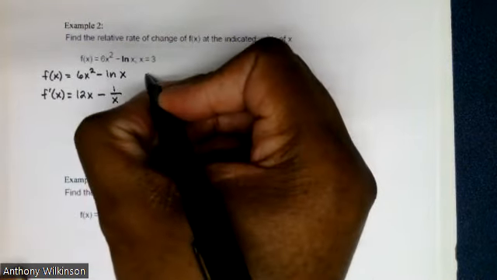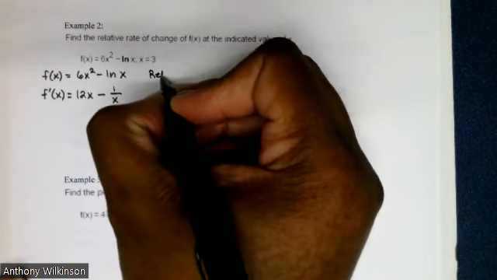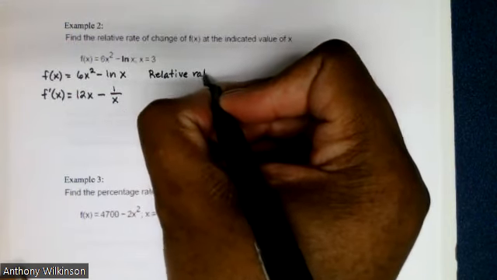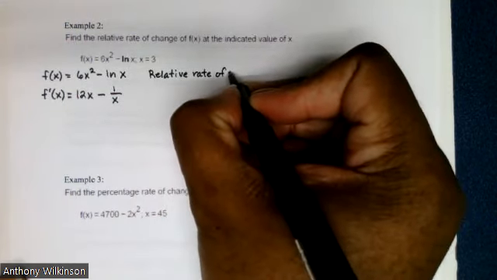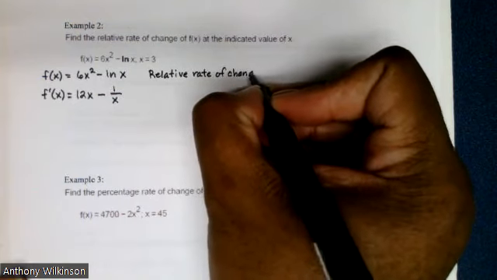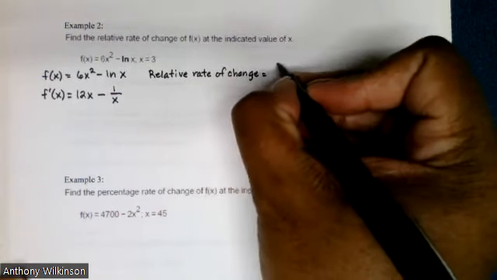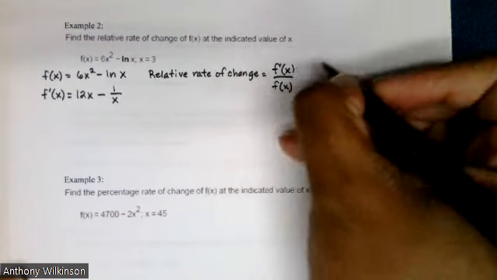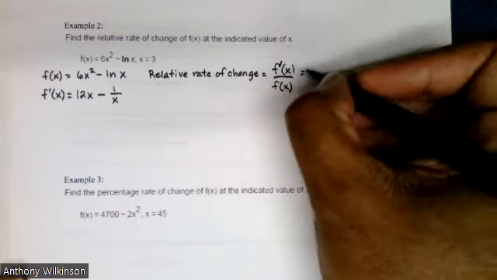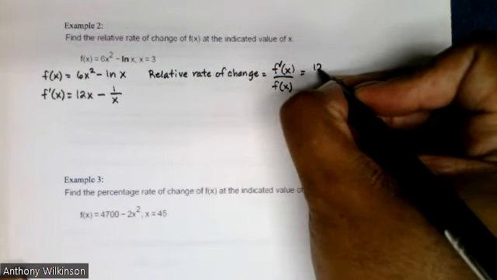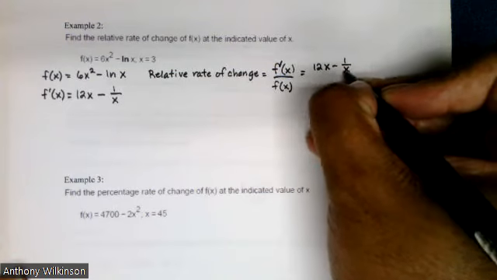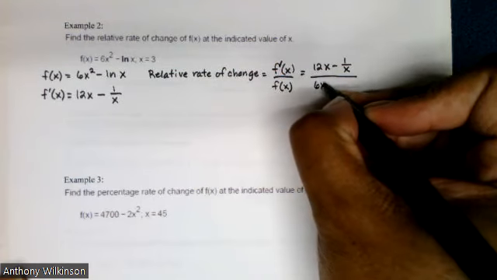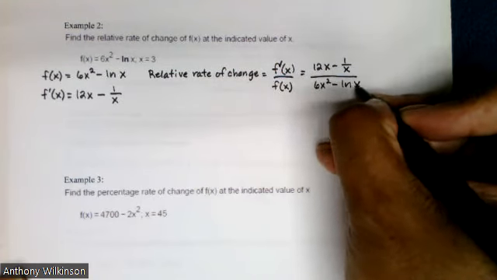Now for the relative rate of change, that's going to be f prime of x divided by f of x. And f prime of x is just that 12x minus 1 over x, and that whole thing is going to be divided by f of x, which is 6x squared minus ln of x.